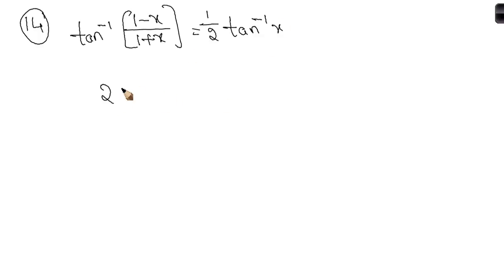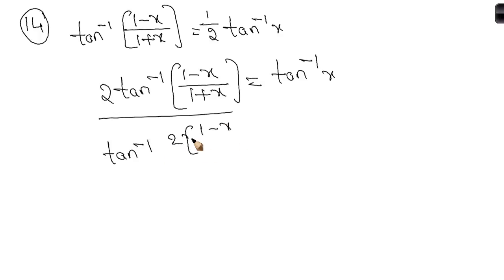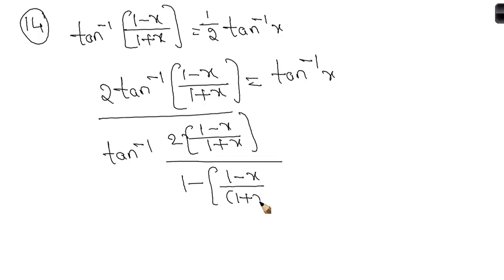Take the 2 onto the other side, so it becomes 2 tan inverse of 1 minus x upon 1 plus x is equal to tan inverse of x. If I can prove this, we have the 2 tan inverse of x formula, which is tan inverse of 2x upon 1 minus x square. So 1 minus x square becomes 1 minus x upon 1 plus x whole square.